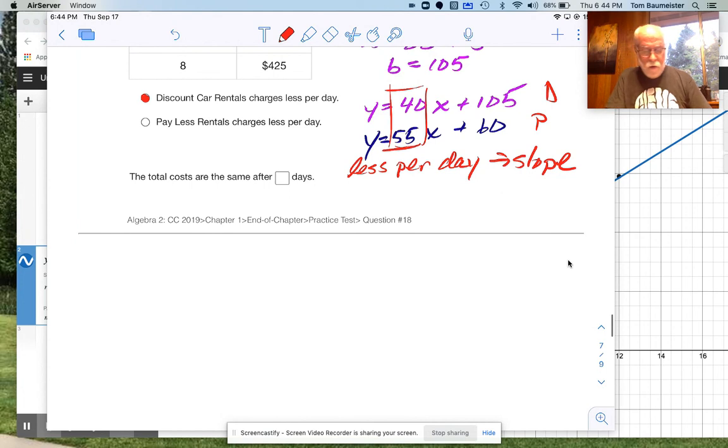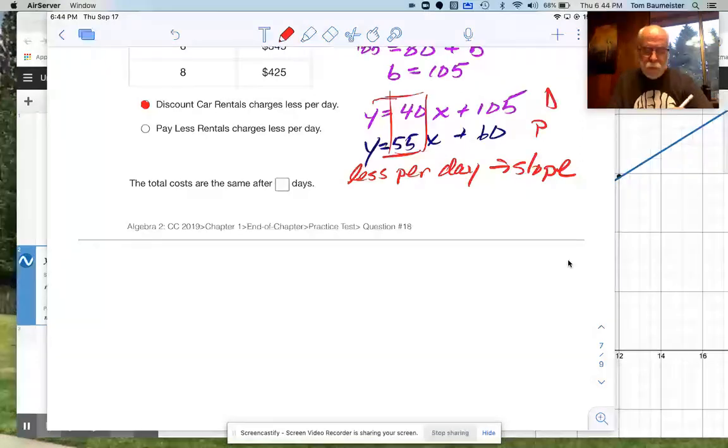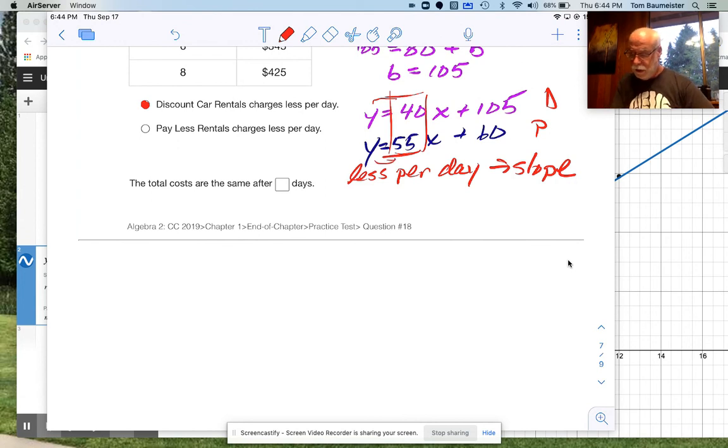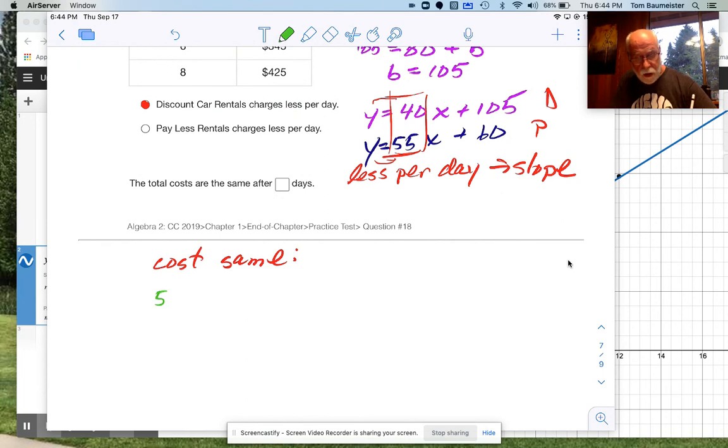And then finally, they said the total costs equal the same. So remember, if y equals 40x plus 105 and y equals 55x plus 60, when the costs are the same, I can say that 55x plus 60 is equal to 40x plus 105.